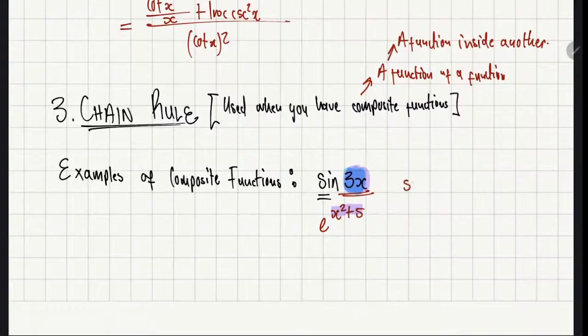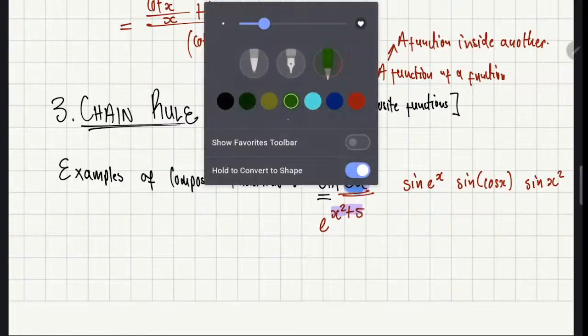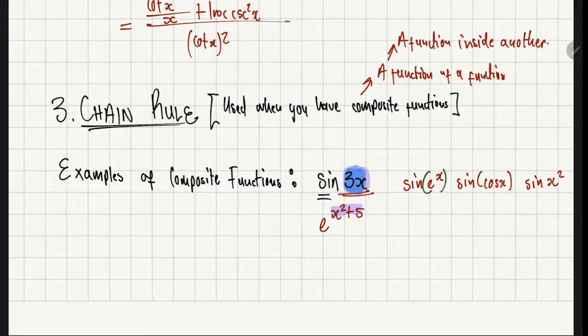So if you get anything, sine of e to the x, sine of cos x, sine of anything x squared, anything which is not x, as long as it's not x, then it is a composite function. This e to the x is inside.